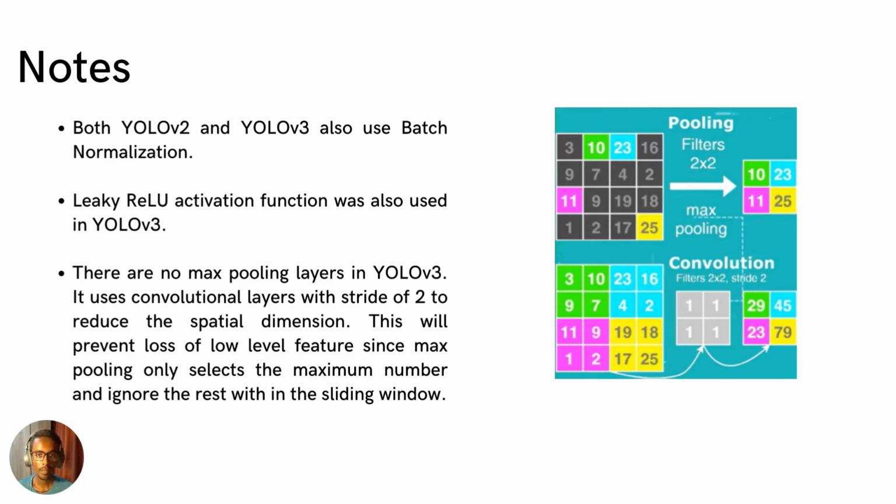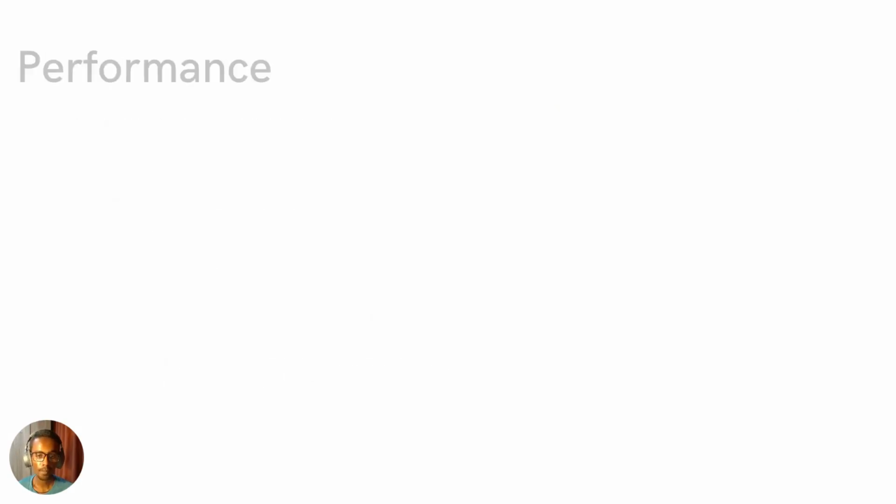You can do the same by using a normal convolution with a stride of 2. As we go deeper inside the network, we want the width and the height of the feature map to get smaller and smaller. This will prevent loss of low-level features, since max pooling only selects the maximum number and ignores the rest within the sliding window.